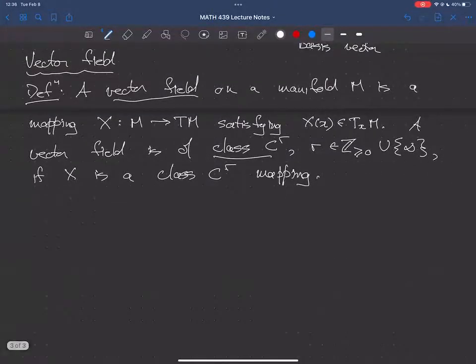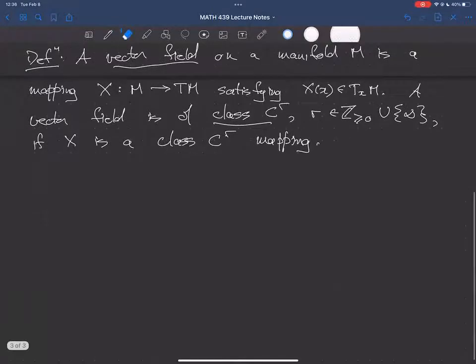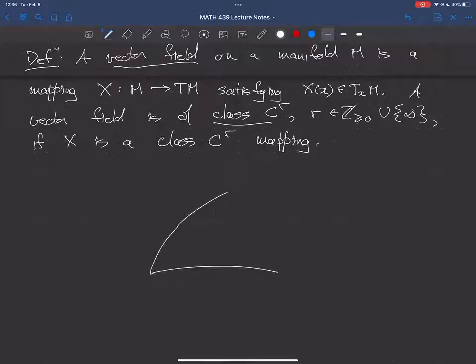Maybe let me first draw a picture of how you should think about what a vector field is. A vector field is, literally, a field of vectors. If this is M, what it says is that at every point you have a tangent vector.